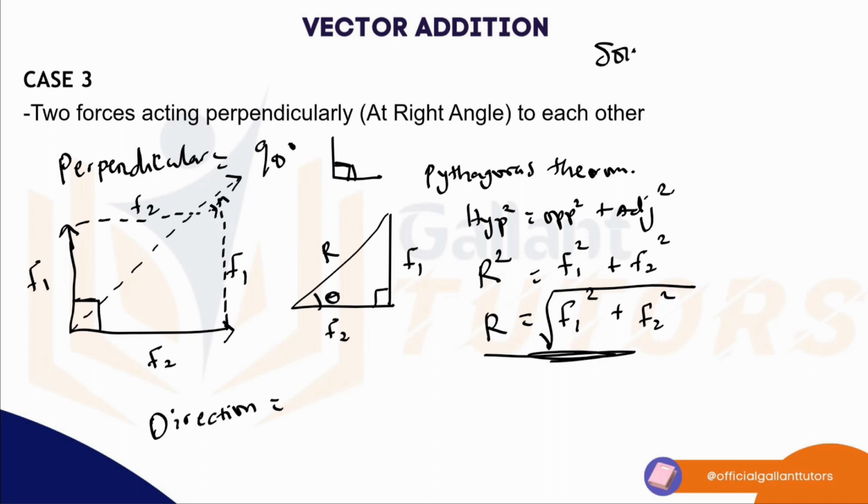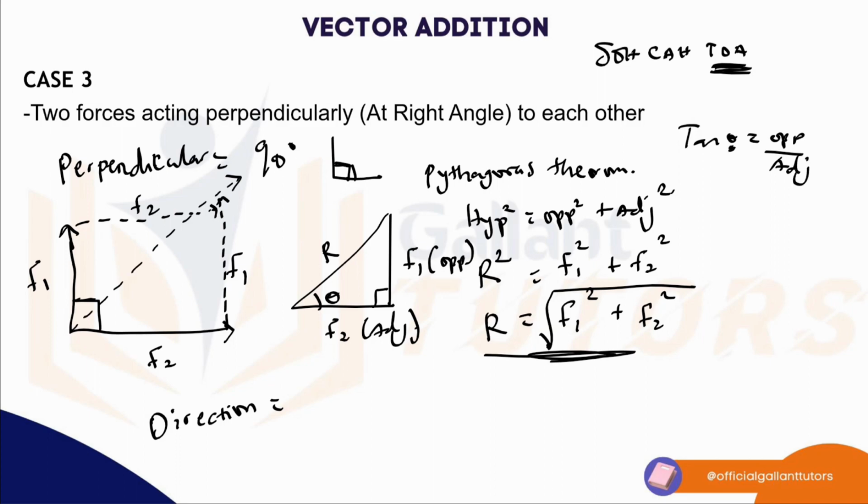I wanted to go straight, but I wanted to tell you how I went about it. So we have this as opposite, we have this as adjacent. Okay, this is the angle we are looking for, right? So that means we're going to make use of TOA, which is tan theta equals opposite over adjacent. This theta here signifies direction. Is that clear? Okay, so we have tan theta equal to opposite.